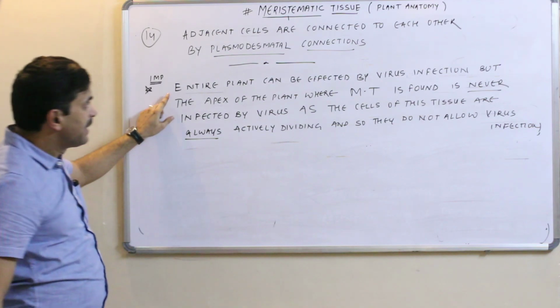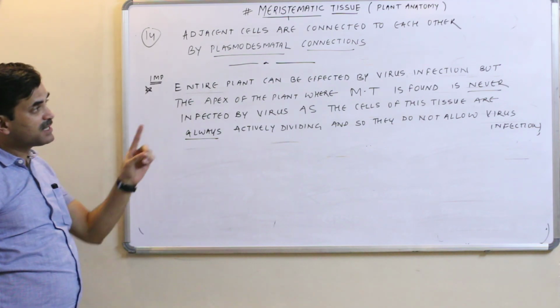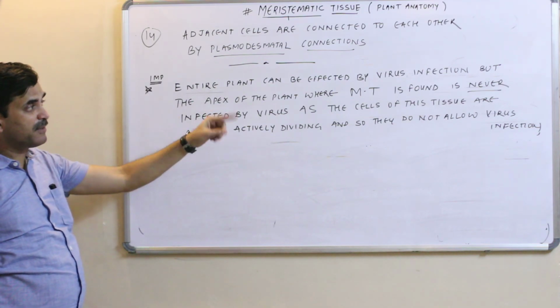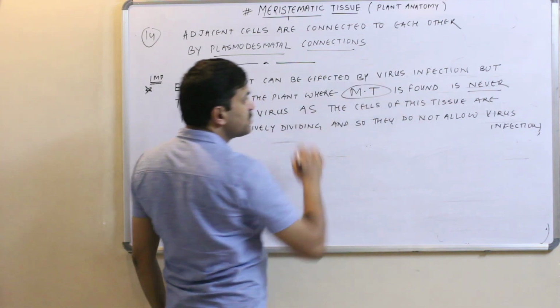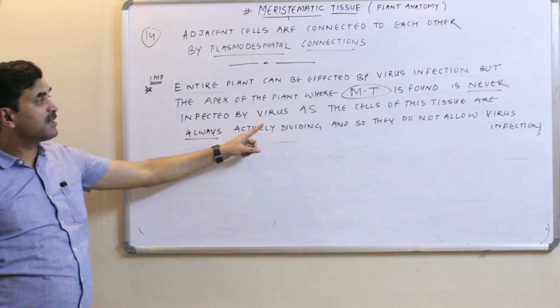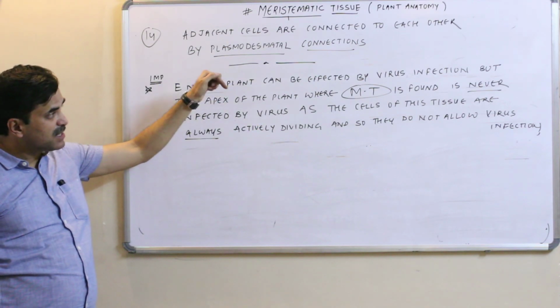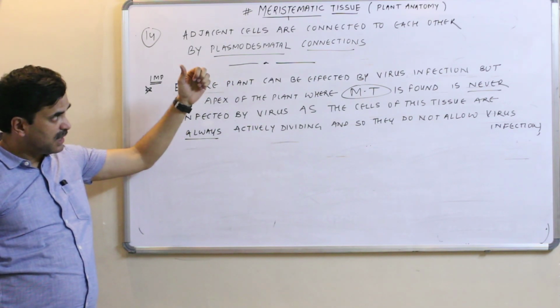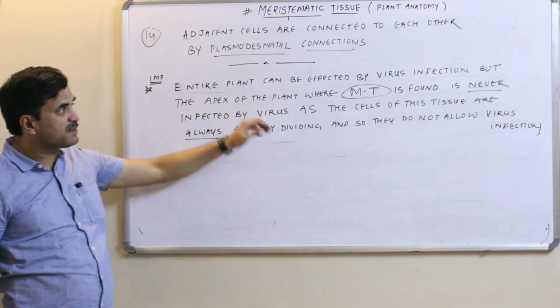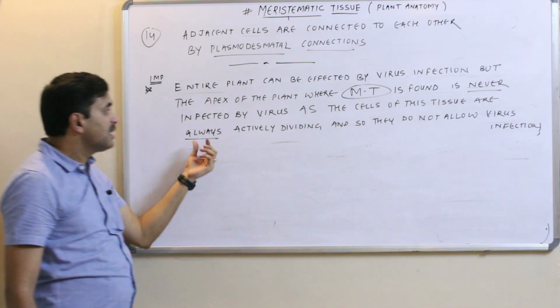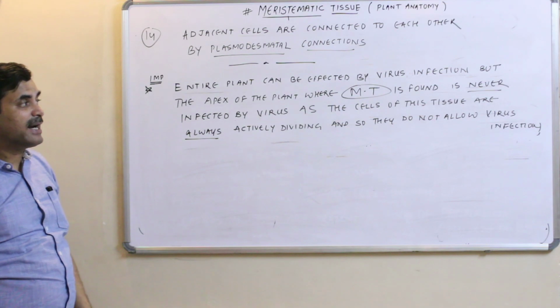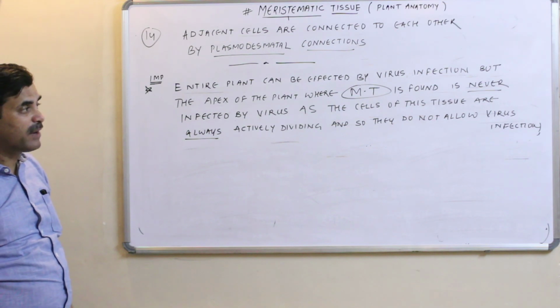Are you getting? Why? Because at the apex meristematic tissue is found, and the cells of this tissue are always actively dividing.